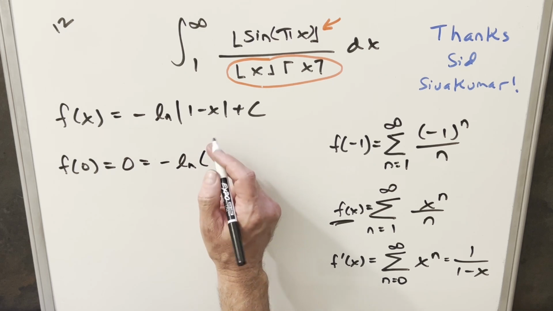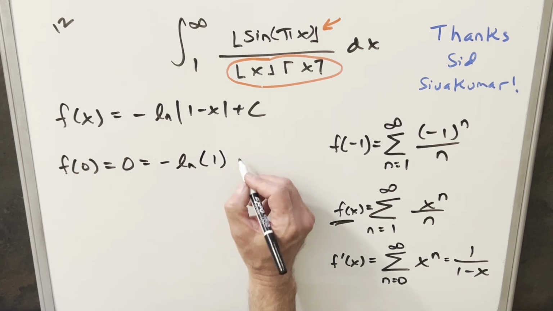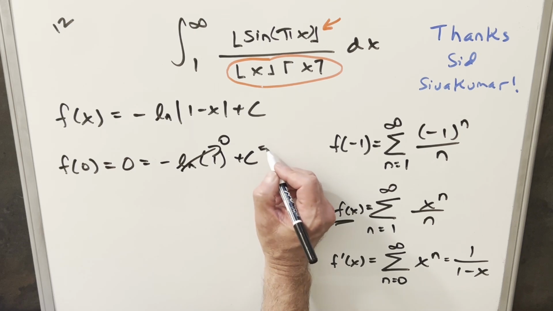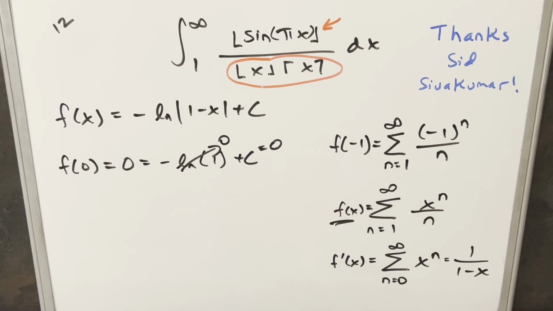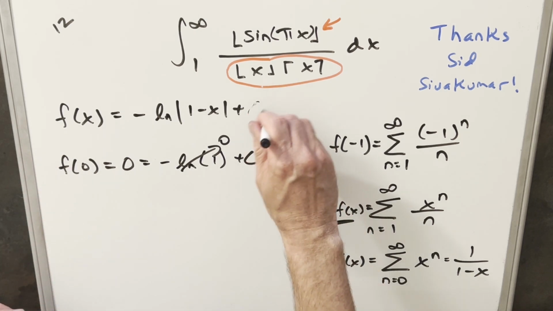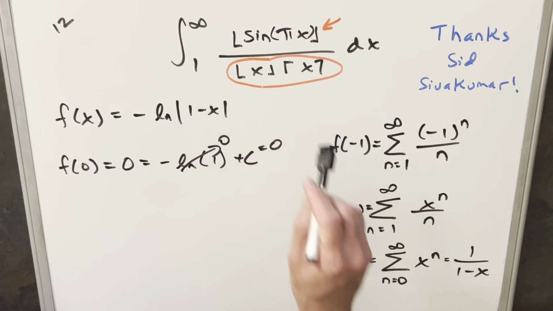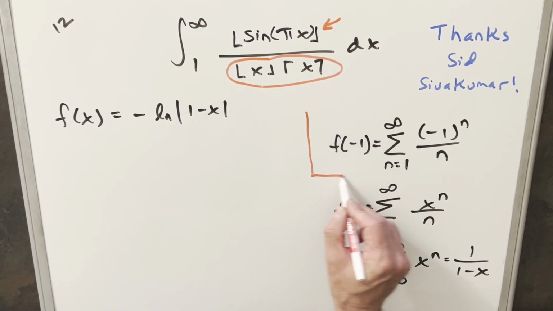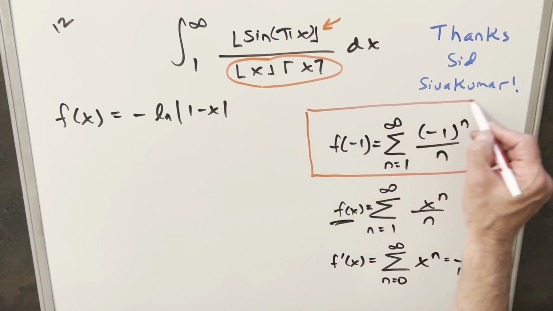So then plugging in 0, we're going to have just natural log of 1 plus c, but natural log of 1 is 0, so that means our c value equals 0. So for our f of x value, we can just drop the plus c because it's just going to be 0. And now at this point, we're ready to get back to our goal, which is just f of minus 1, this thing over here.